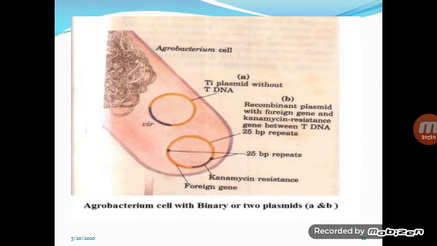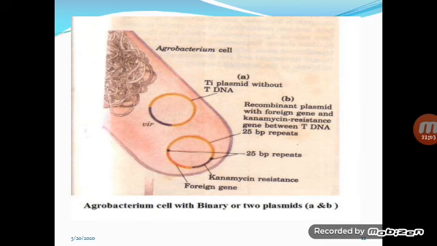Next, this is an Agrobacterium cell with binary plasmids, plasmid A and plasmid B. Plasmid A has a Ti plasmid without T-DNA, and Vir genes are present, while plasmid B is a recombinant plasmid with a foreign gene and a kanamycin resistance gene between the T-DNA 25 base pair repeats.